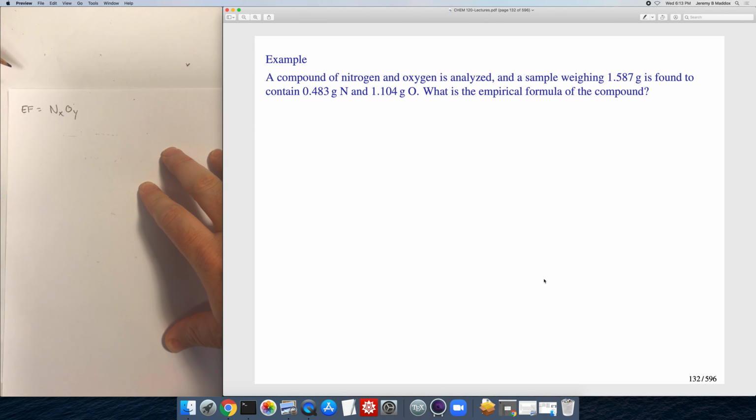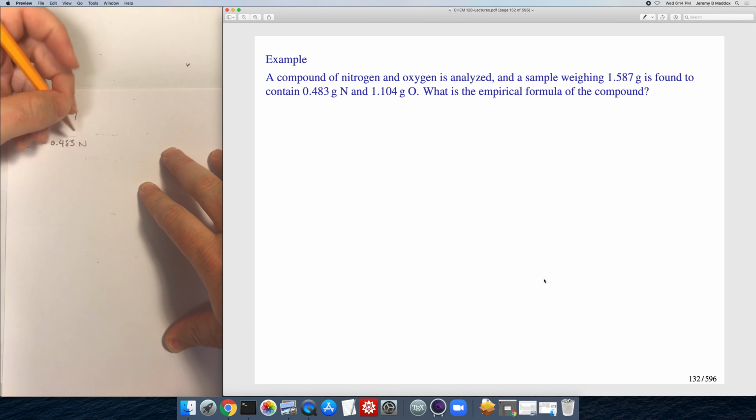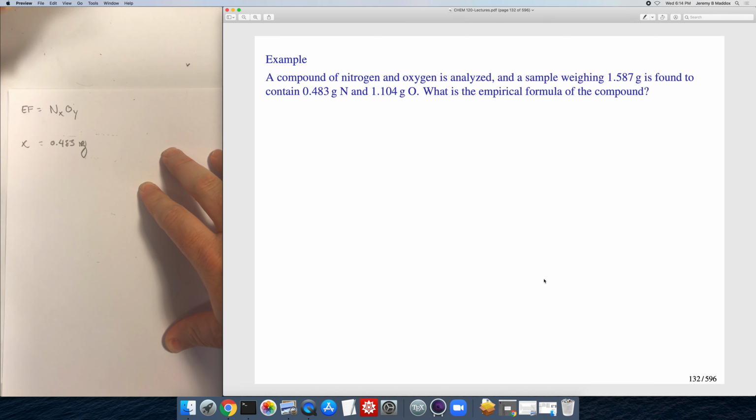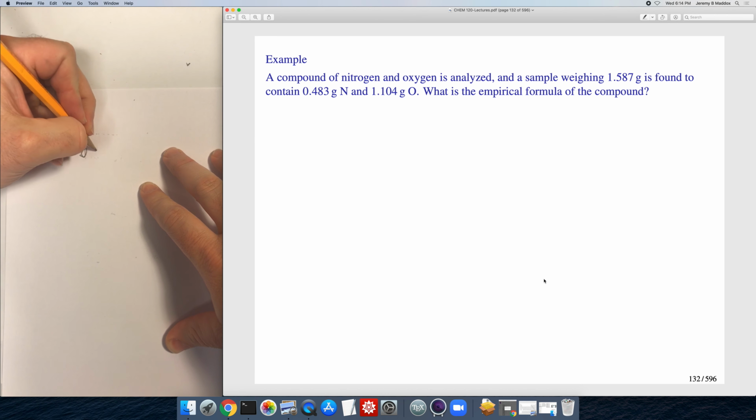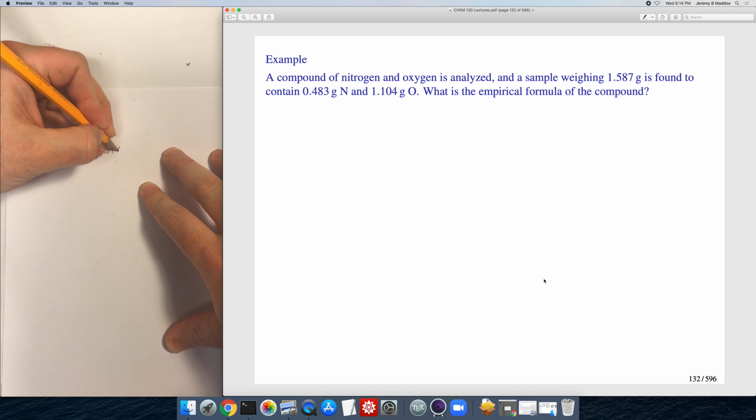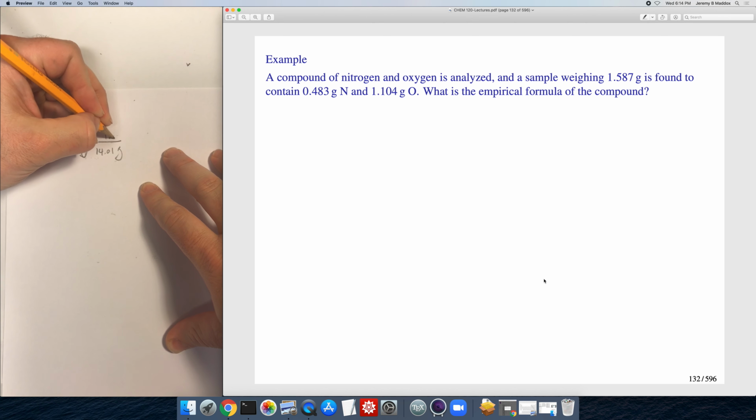I'm going to illustrate the procedure for doing that. What you want to do is calculate the number of moles of each element. To determine x, we take the number of grams of nitrogen and convert that to moles of nitrogen by dividing by the atomic mass of nitrogen, which is 14.01 grams per mole.